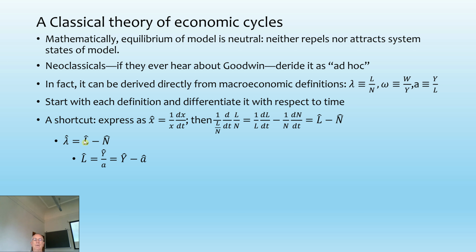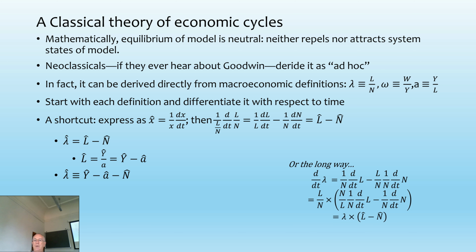And then your definition of labour is the output divided by labour productivity. That you can also expand out. So very rapidly you can say the rate of change of the employment rate is the rate of growth minus the rate of technical change minus the rate of growth of population. And that is still the definition. Okay, it's not a model yet, it's strictly true. So long as you use those definitions.